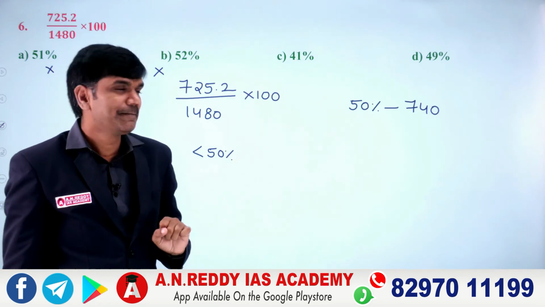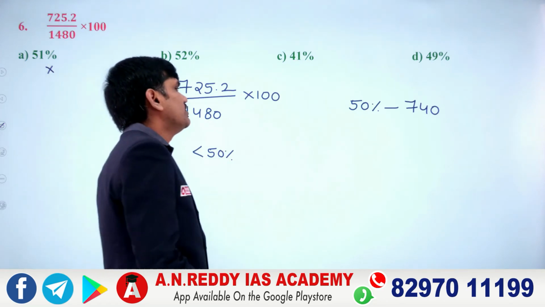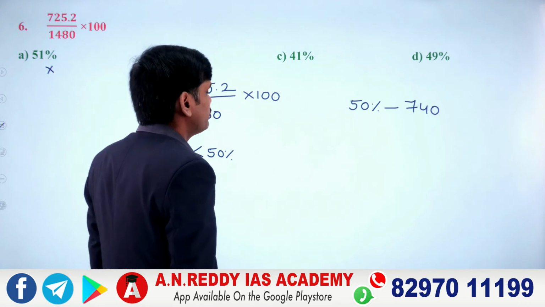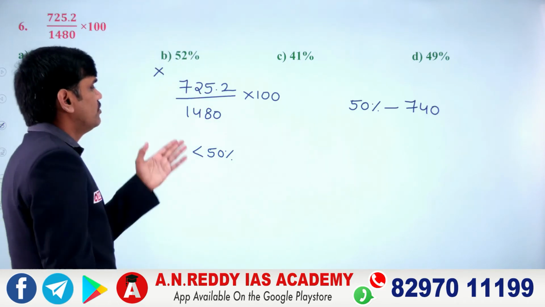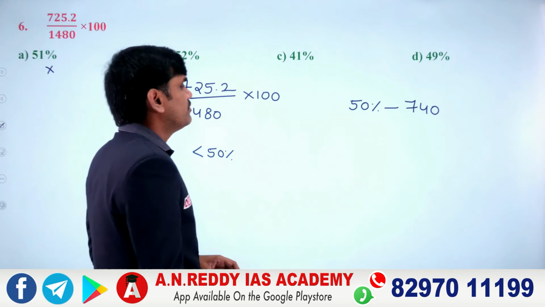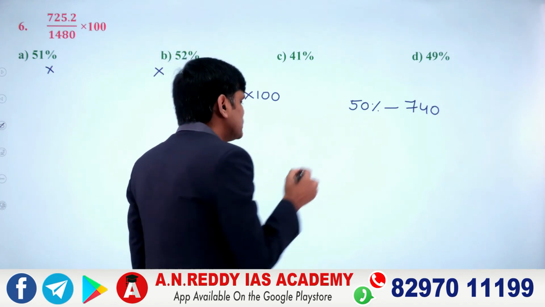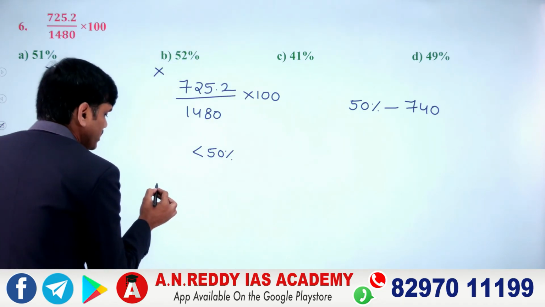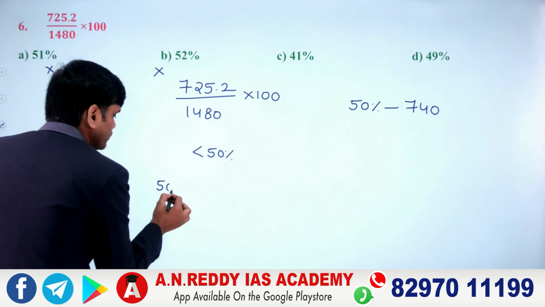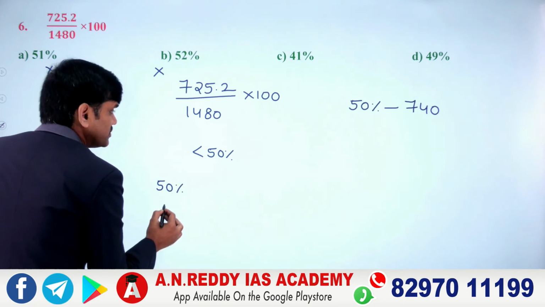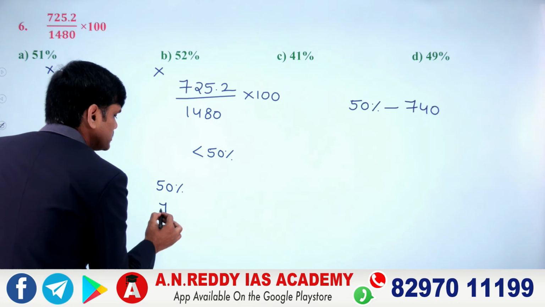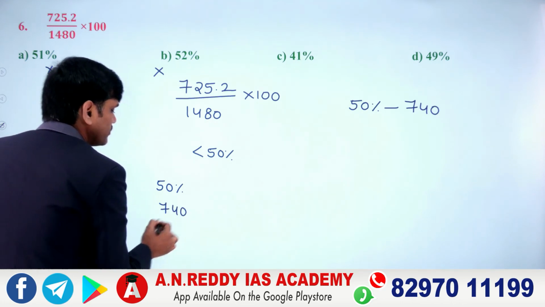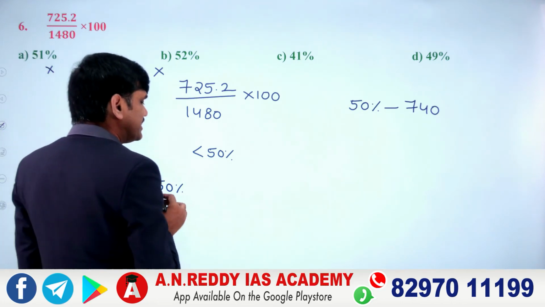Please observe that. Now 40% will be how much? If you remove 10%, 10% will be how much? 148. If you remove 10%, just for example, I am writing it for your clarity. 50% will be how much? 740.